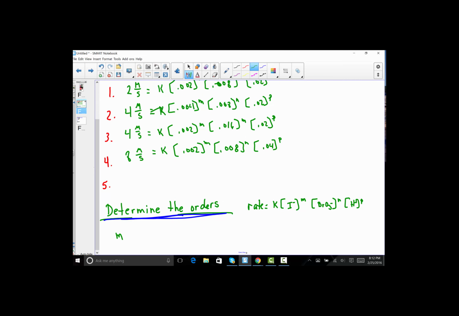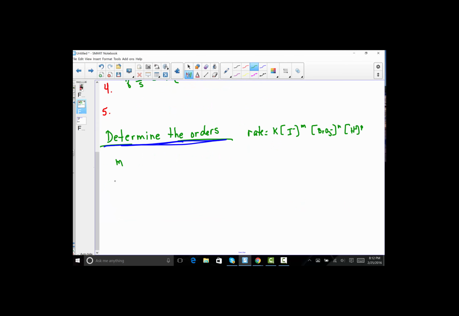To find the power with respect to m, we want to compare trial 2 to trial 1. In trial 2, the concentration of iodide was found to be 0.004 molar. The concentration of iodide in trial 1 was found to be 0.002.